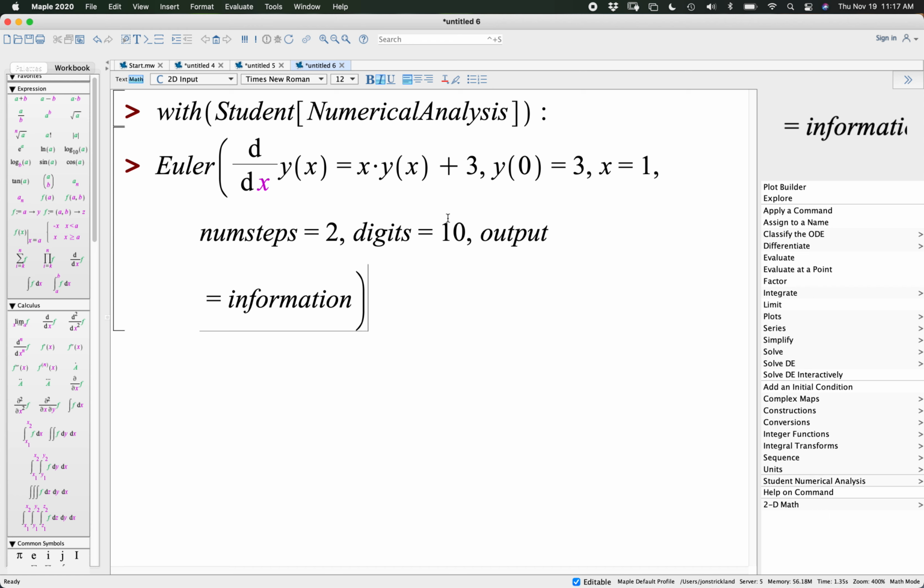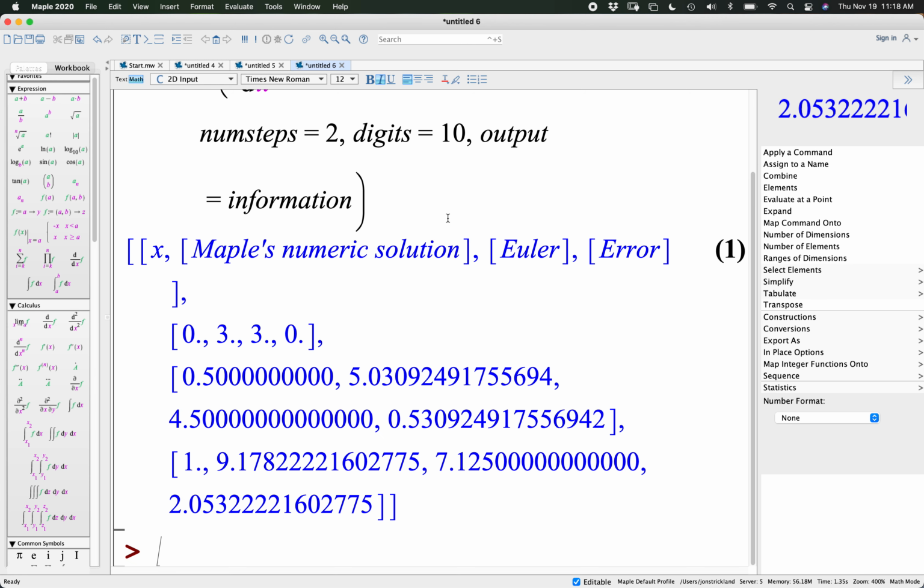So with Euler, we have this equation, x times y of x plus 3, y naught is equal to 3, and x is equal to 1, and we're going to find out just what the y value will be at x equal to 1. So we've got 2 steps, 10 digits, and output equal to information.